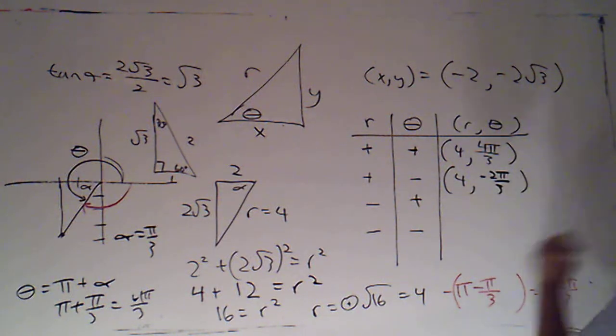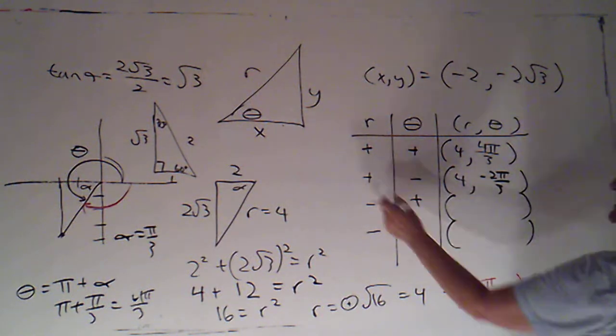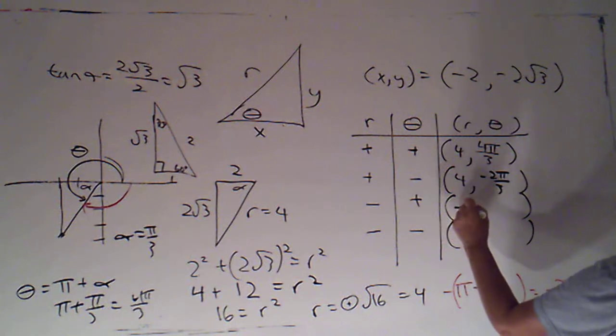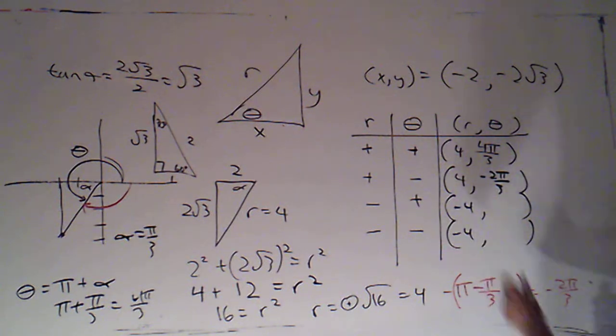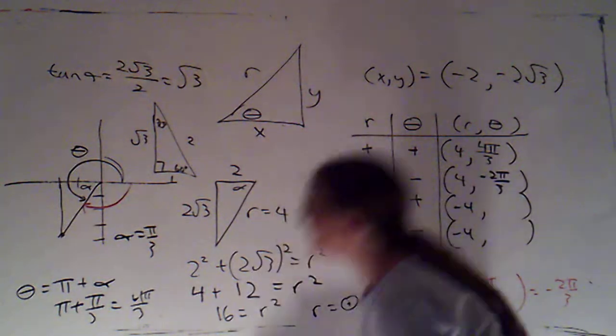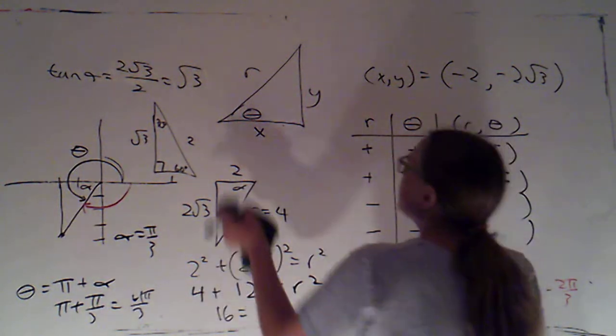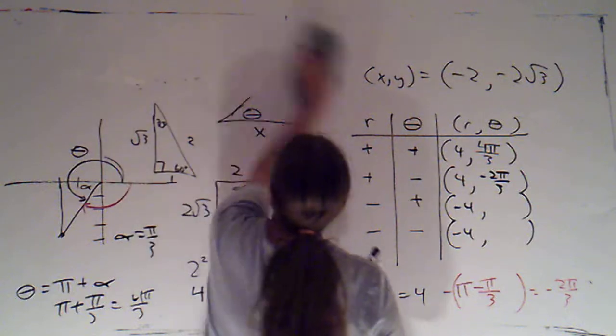All right, the other 2 points, I asked us to use a negative r value. So that's going to have to be -4 for both of them, because I have only 2 options for r. Okay? But let's draw another picture here for this one.